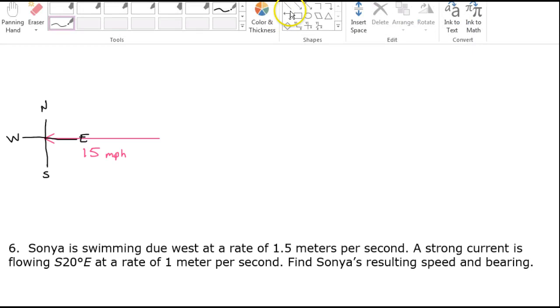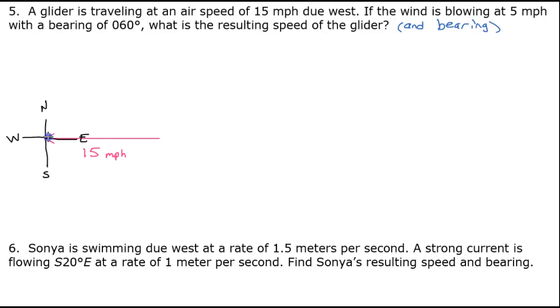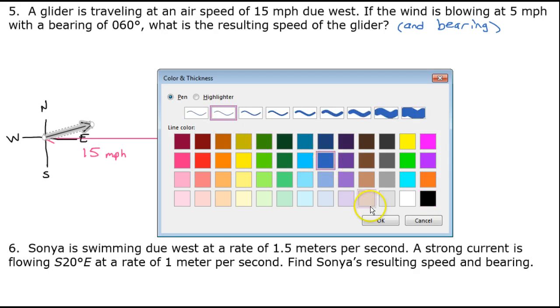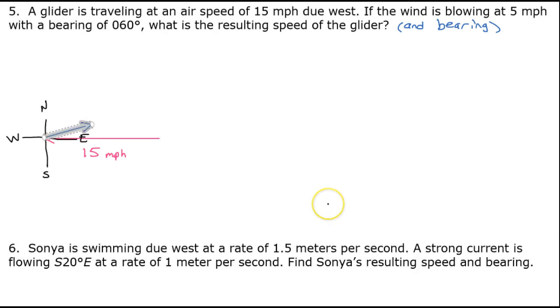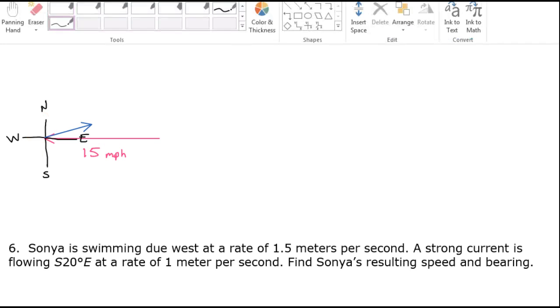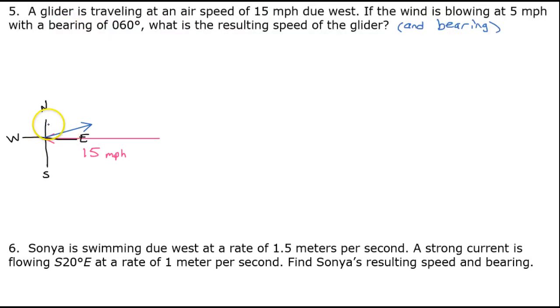So if I draw my vector for the wind, it's going to be something like this. And you need to understand that the angle, this angle right here, is the 60 degrees.